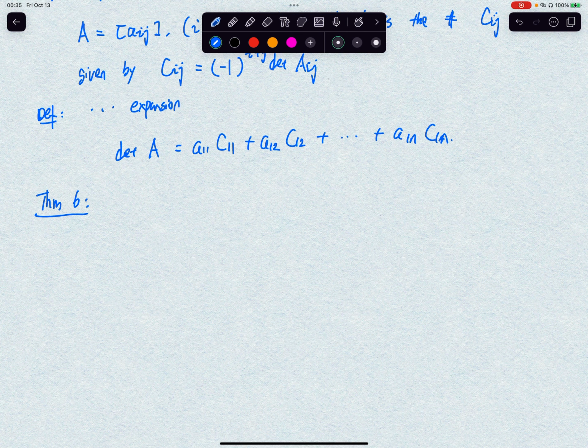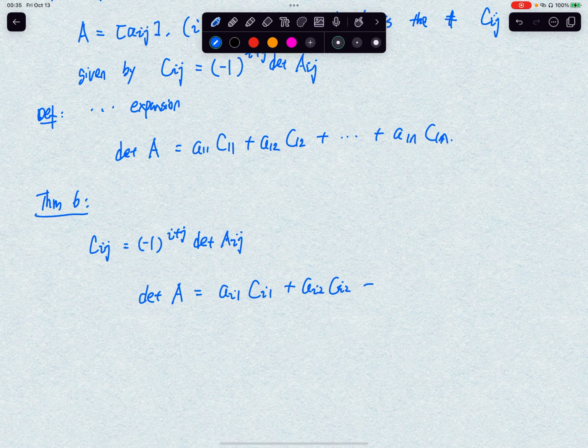The expansion across the ith row, for example, with Cij equals (-1)^(i+j) times the determinant of Aij, is determinant of A equals ai1 Ci1 plus ai2 Ci2 plus all the way down to ain Cin.